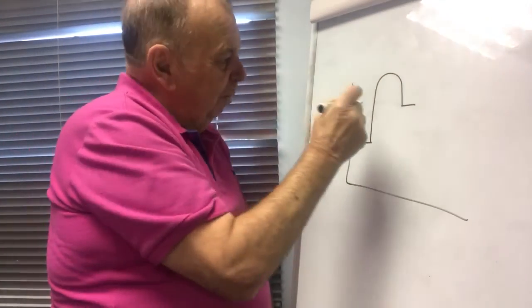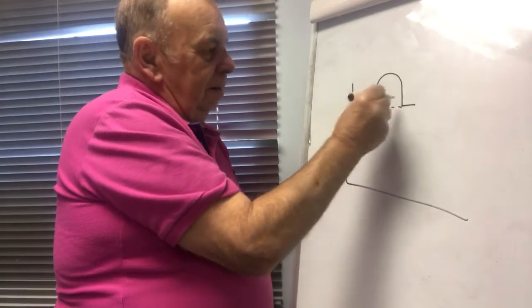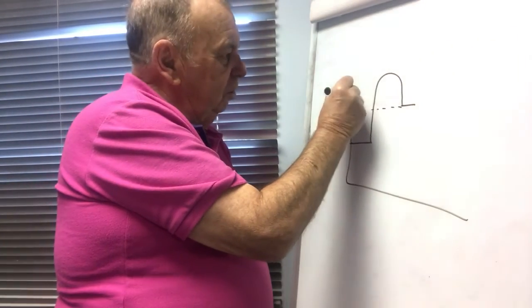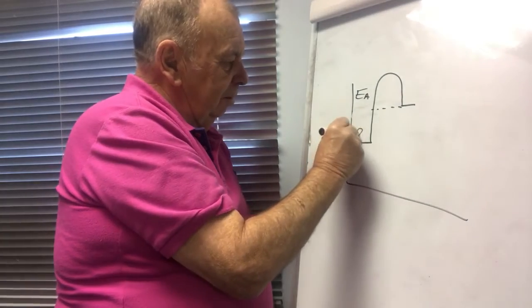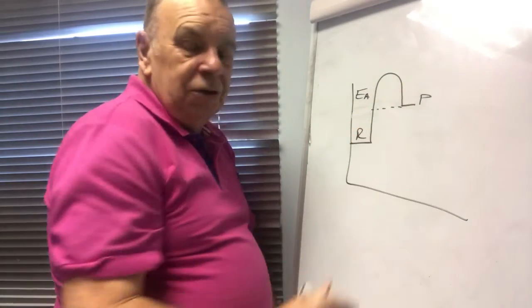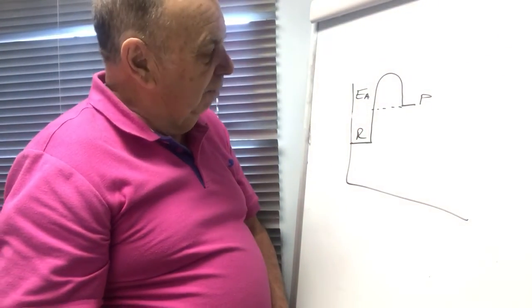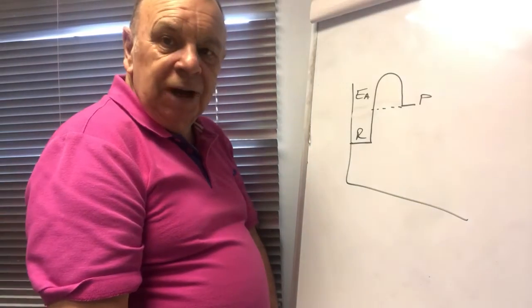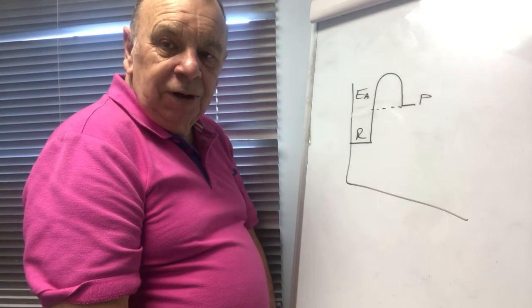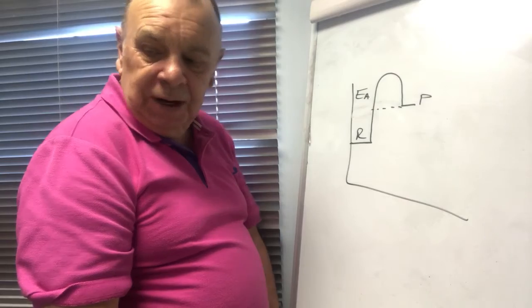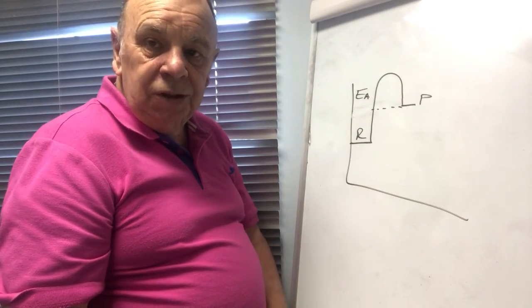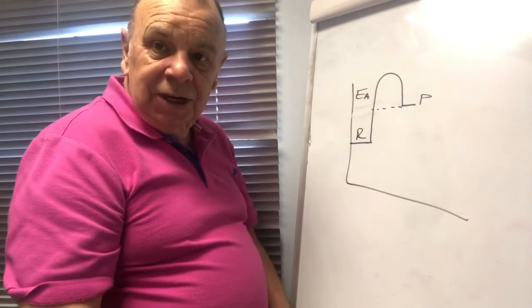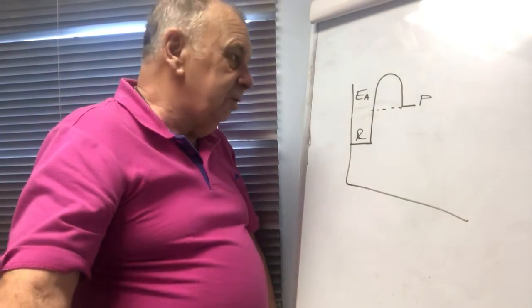I have to supply a certain amount of energy, the activation energy, EA. There's the reactants, there's the products. And that is the reaction profile for an endothermic reaction, which are reactions in which energy is taken from the surroundings.